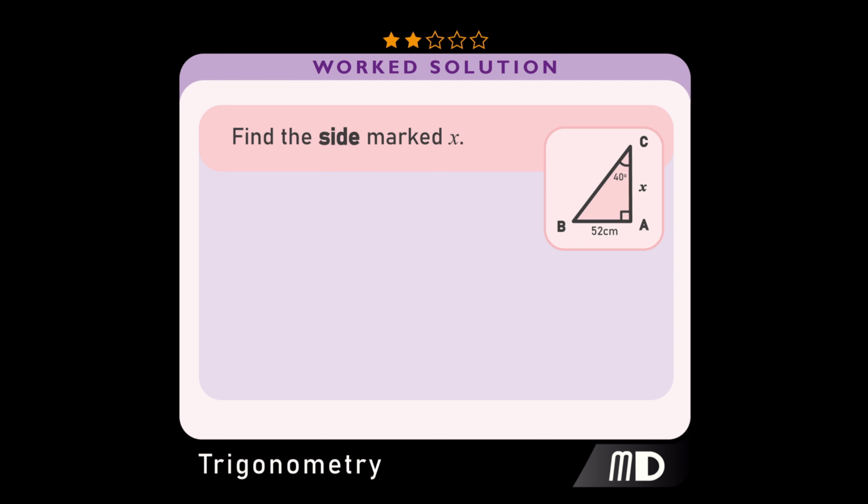Pythagoras' theorem is usually used when we know the length of two sides of the triangle and want to find the third, while trigonometry is generally used when we know the length of one side and one angle and need to know the length of another side. Or we know the length of two sides and need to find the size of an angle.